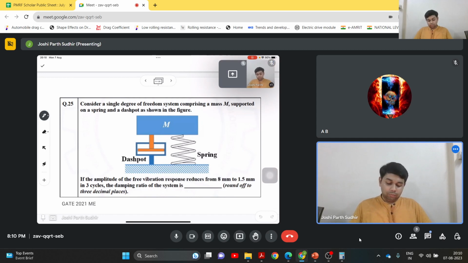It is given that the amplitude of the free vibrations reduces from 8 mm to 1.5 mm in 3 cycles. Then we have to find out the damping ratio. So which concept do you think we should apply here to find the damping ratio?